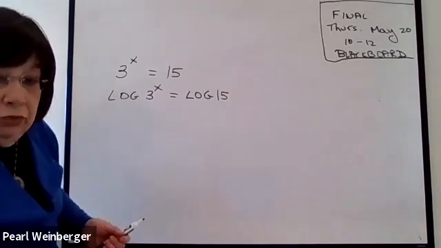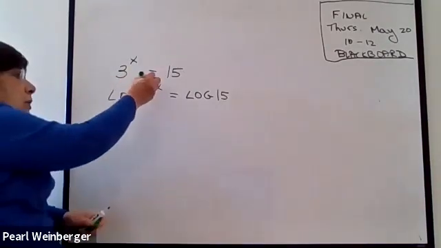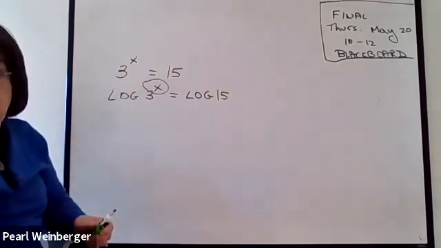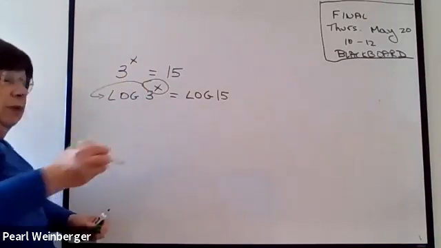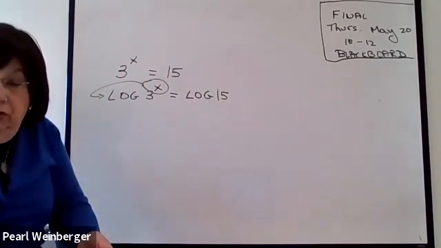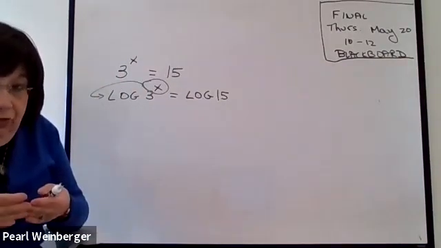Because one of the rules that we have with logs has to do with the fact that when you have an exponent, in logs, the exponent becomes the coefficient. Remember our 3 rules of logarithms, so to speak: when you're multiplying numbers, you add the logs.